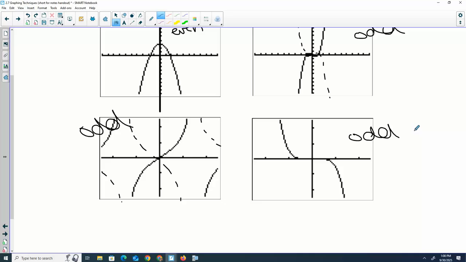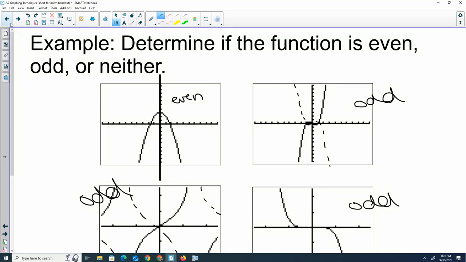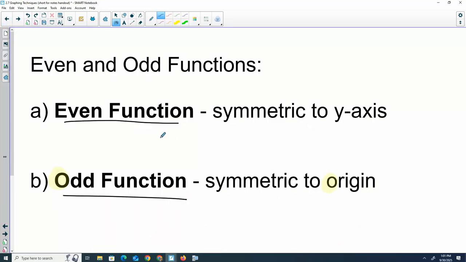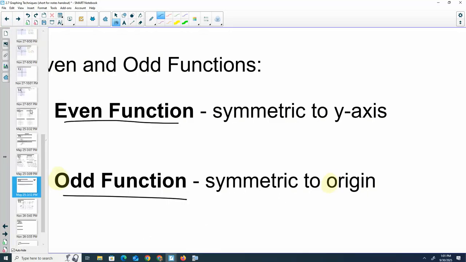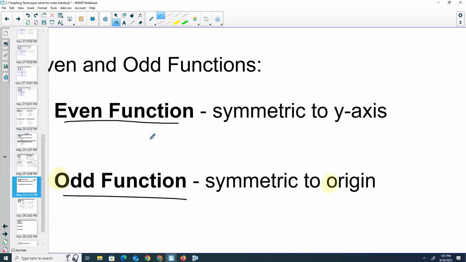All right. In terms of evaluating it from the equation, you have two options. You could change this to y equals x squared minus 5 and do the same thing as we did for x-axis, y-axis, origin. You could also use your function notation to help. Even is symmetric to the y. We said if it's symmetric to the y, a positive and negative x give you the same thing.